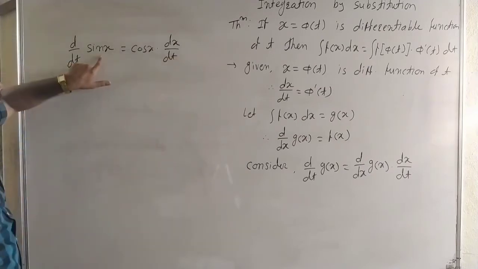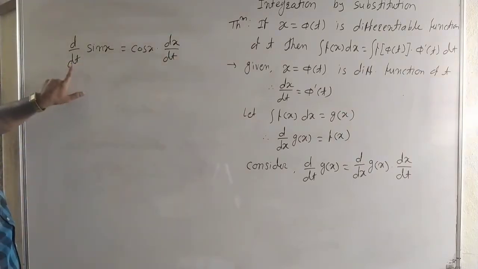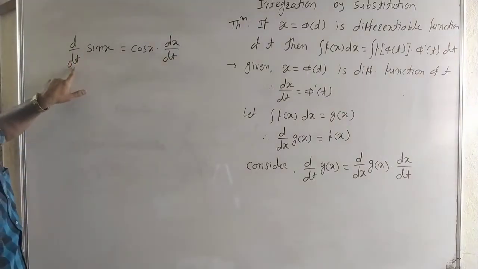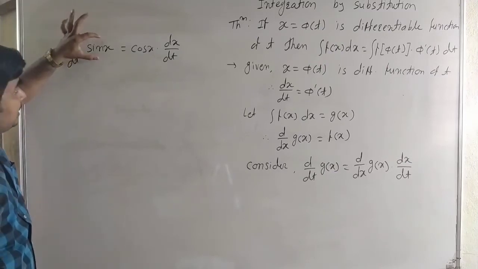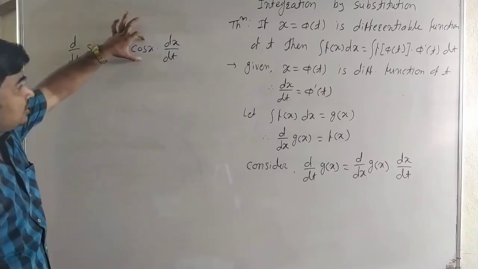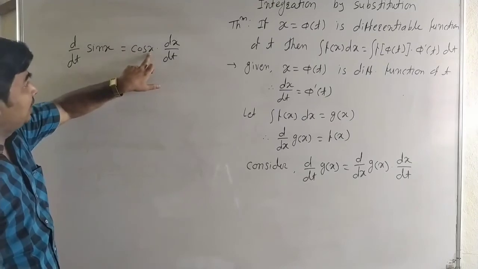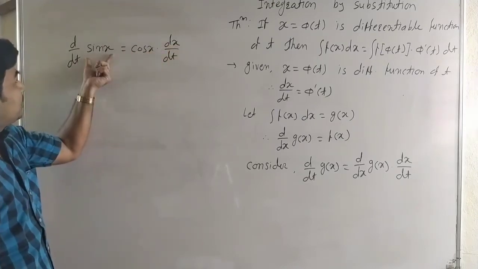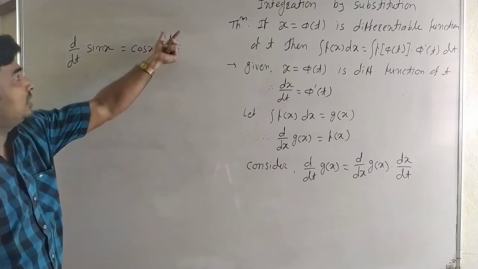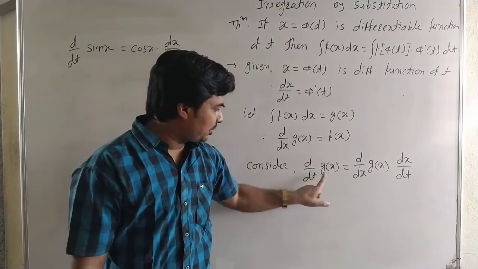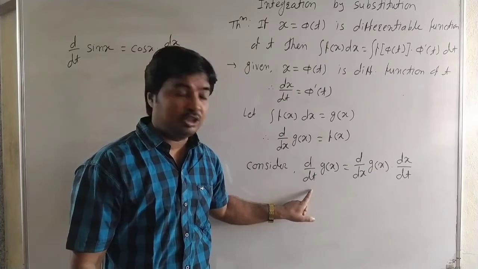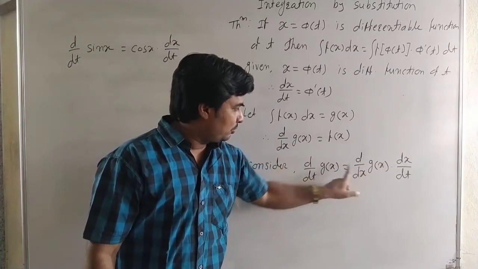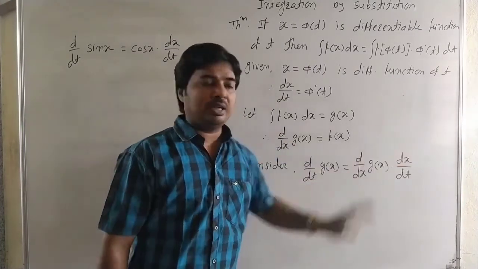Because it is a function of x and we differentiate with respect to t, we take the derivative of sin x with respect to x, which is cos x, and the derivative of x with respect to t.